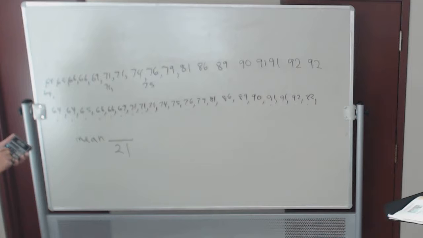Oh my gosh. 64 plus 64 plus 65 plus 66 plus 66 plus 69 plus 71 plus 71, 71 three times, 74 plus 75 plus 76 plus 79 plus 81 plus 86 plus 89 plus 90 plus 91 plus 91 plus 92 plus 92.